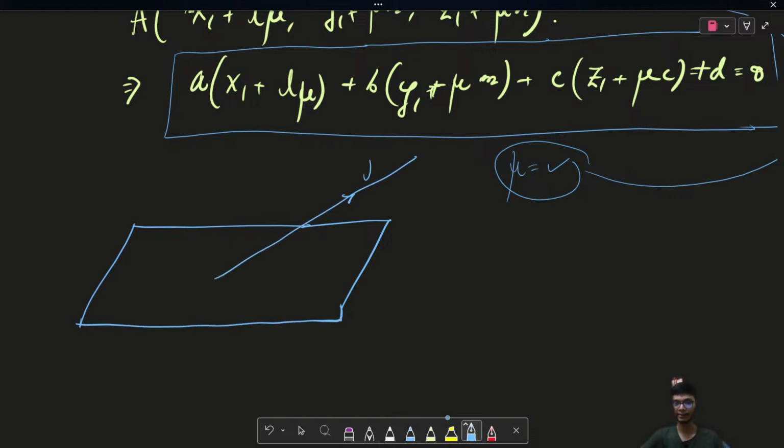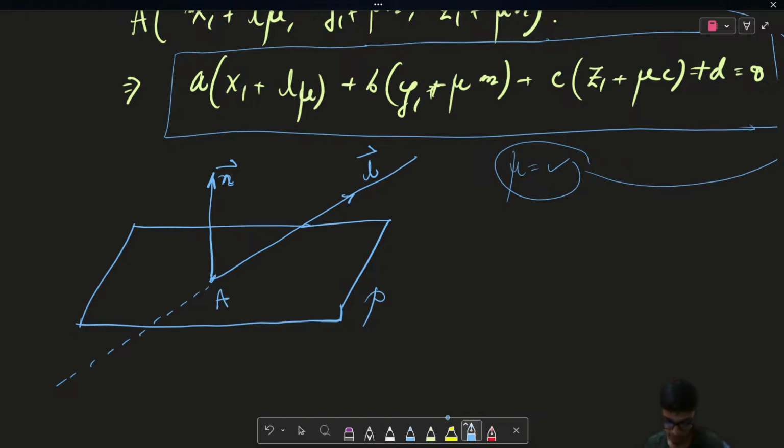So this line is, let us say, this vector is the L vector, and we have the plane. Now for the plane, we have the vector which is perpendicular to the plane, right? If I represent that particular vector over here, it is something like this. And this point of intersection is called point A.